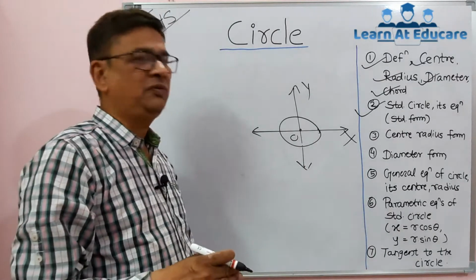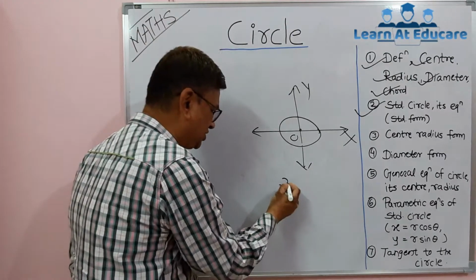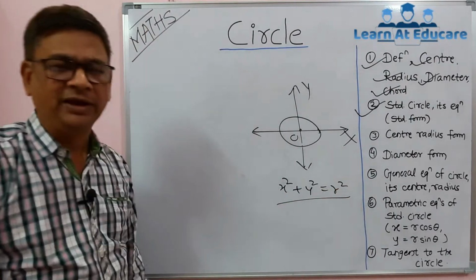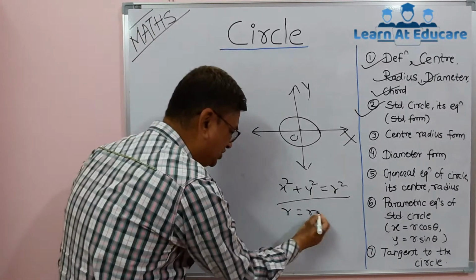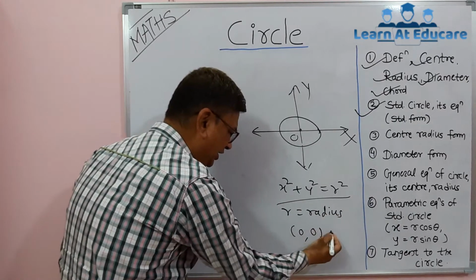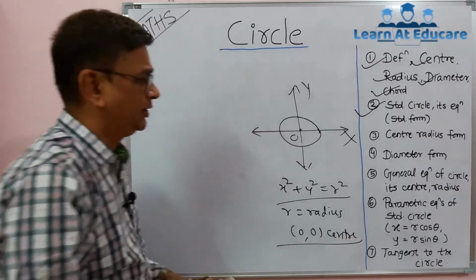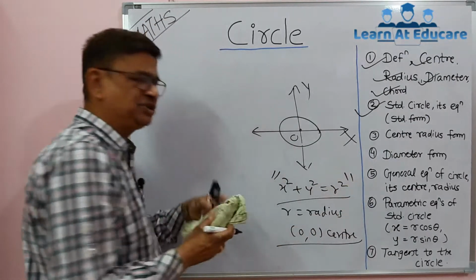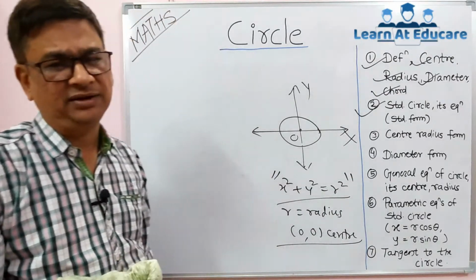How to get the equation of a standard circle? A standard circle, for your information, has this equation: x square plus y square equal to r square, where r is the radius of the circle and its center is the origin, that is 0, 0 is the center. So this is the standard form of the equation of a circle, and such a circle with center at origin is called a standard circle.